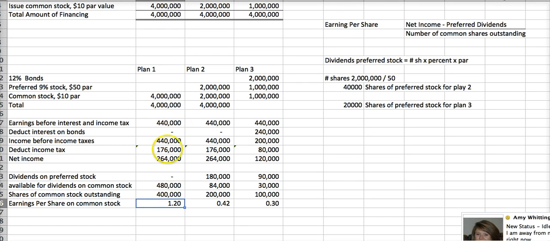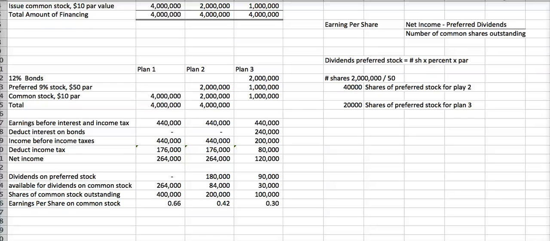The calculation continues down, and it automatically calculates because I put formulas in everywhere. So I get 60 cents per share, 42 cents per share, and 30 cents per share. So now which one has a higher earnings per share? Plan 1 does. So anytime you change a variable, it's going to change the end result.